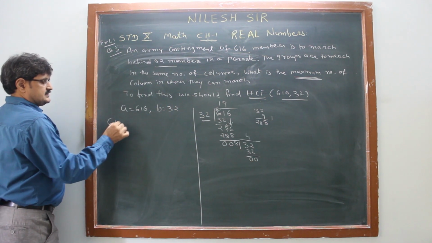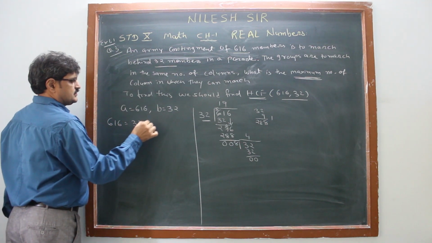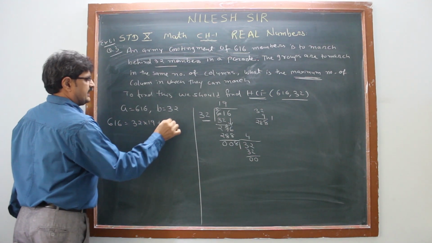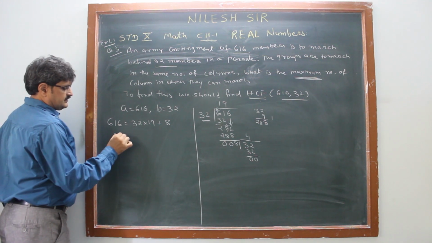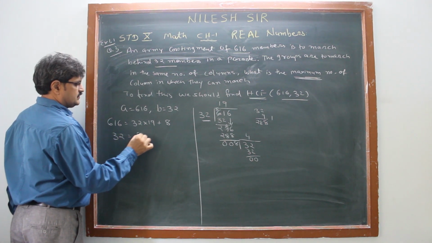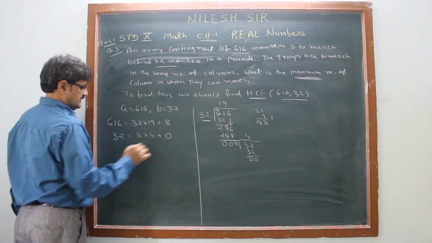So I can write 616 is equal to 32 into 19 plus remainder 8. The second dividend, that is 32, is equal to 8 into 4 plus 0.